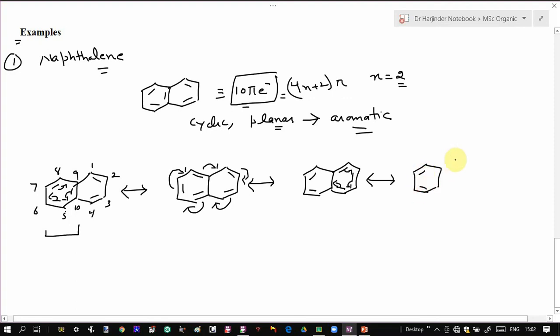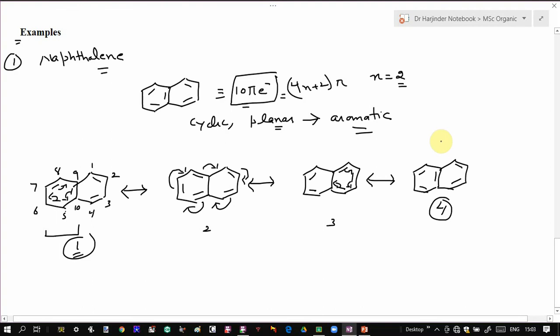When I move like this, the double bond shifts over here. Okay, you can write it on this side or this side, that means the same thing, this one and this one. So now you can see redundancy has happened, and this structure and this structure have the same arrangement. So suppose this is 1, 2, 3 and 4. So structure number 4 and structure number 1 have the same arrangement of these double bonds.